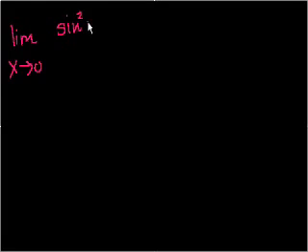Okay. So I have the limit as x approaches 0. This one looks a lot like the previous one, although we have some exponents here, of sine squared of x over x squared. Now that almost looks like sine of x over x, but I have these squared terms, so what can I do?